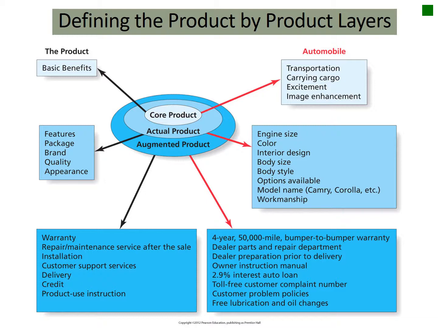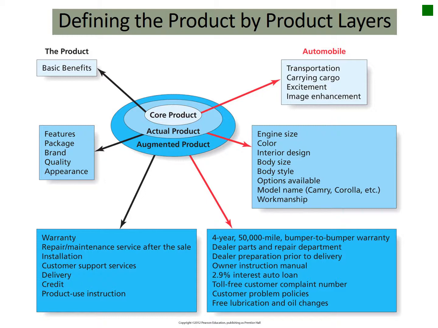The final layer is the augmented layer. So outside of the core, outside of the actual product, is what we call the augmented product. The augmented product are features of the product that help the customer use the product maybe more efficiently or access it more readily. These elements make it easier for the customer and more pleasurable for the customer to use the product.